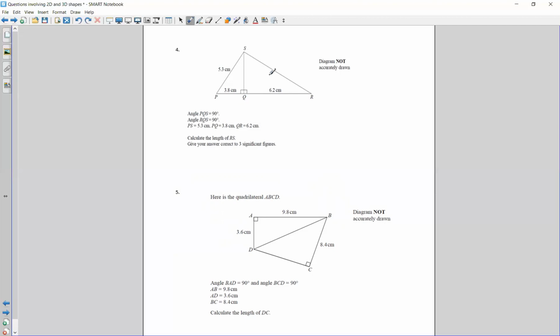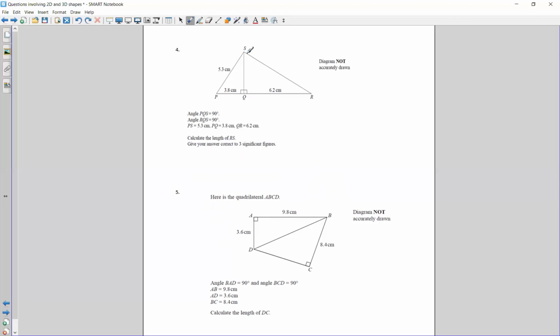Angle RQS, this angle they're talking about, is also 90 degrees. That means that the 2 small triangles that we can see are right angle triangles. They have also given us the sides, PS as 5.3 centimeters, PQ as 3.8 centimeters, and QR as 6.2 centimeters.